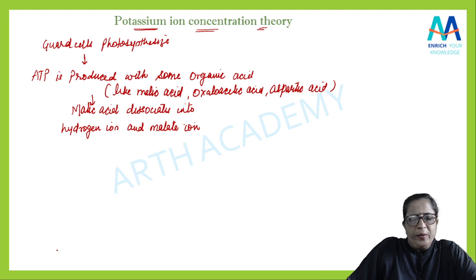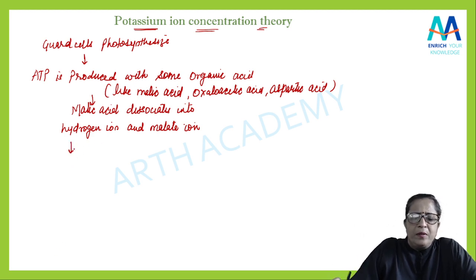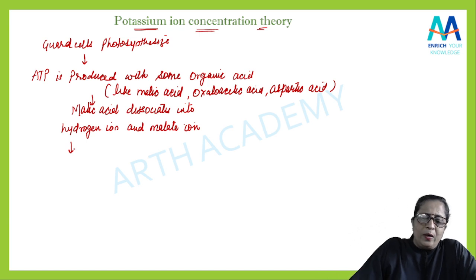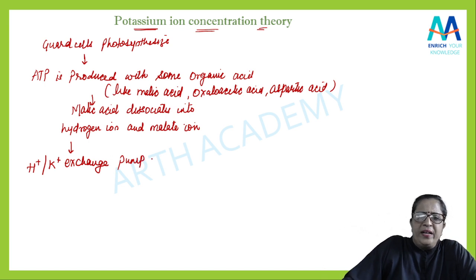Yes, इसमें डिसोसिएट हो. Now, जैसे कि मैंने बोला, what I told you, that there are some H plus K plus exchange pumps present on guard cells. कहाँ पर है? ये guard cell में present.